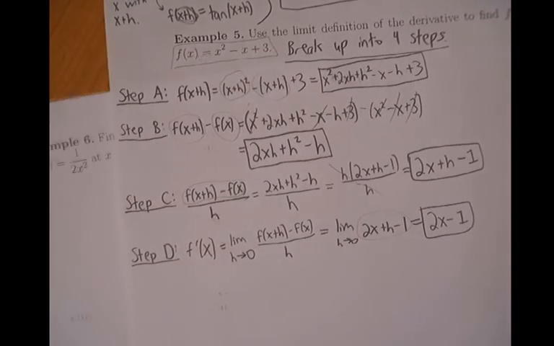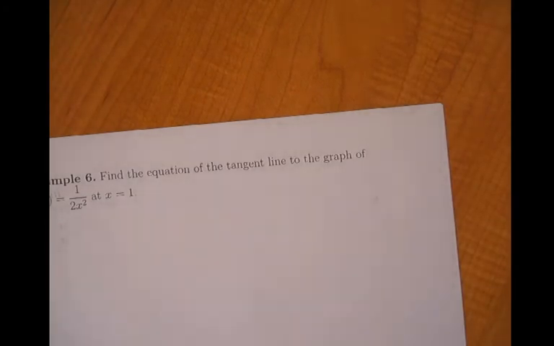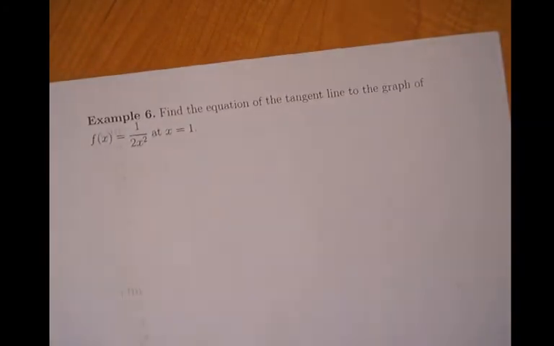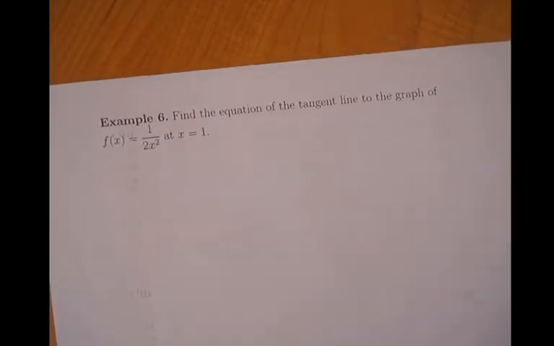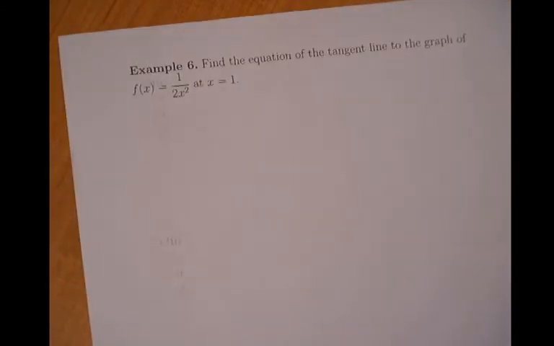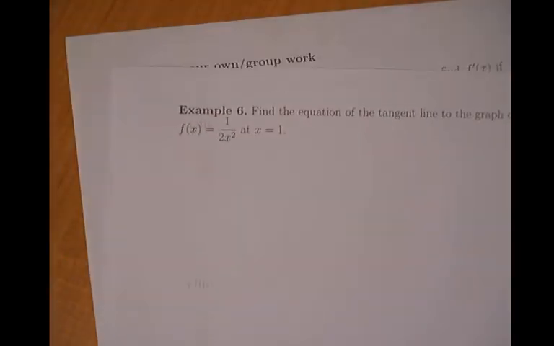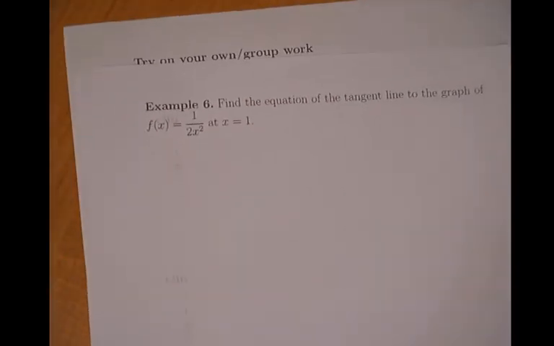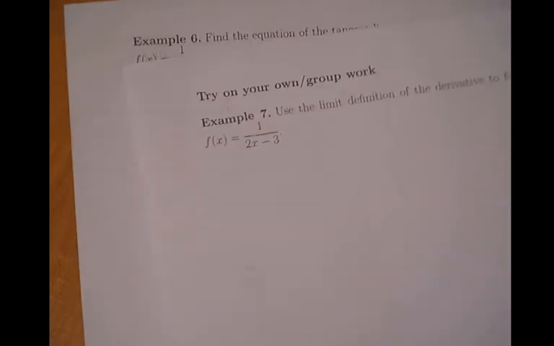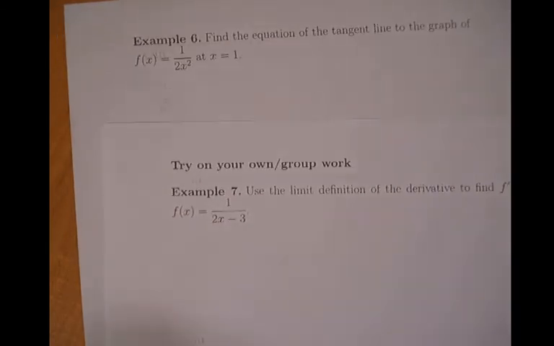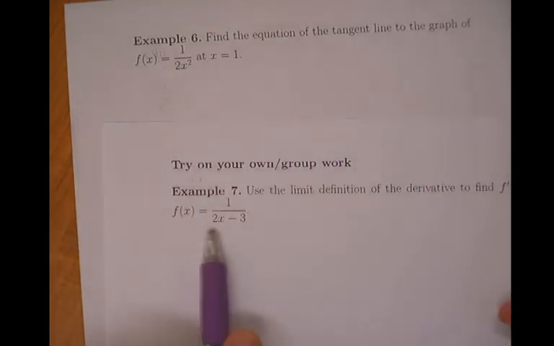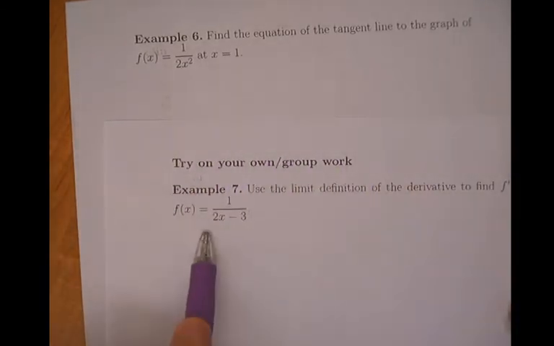Alright, so here's what I'm going to do with the next example. This example is going to be a bit long, so if you have a blank side of paper you can use, you can continue example 6 on the back of said paper. Or alternatively, if you have double-sided, which is okay, we're not really going to focus on this example during class. You can try this on your own outside of class, and check the notes after class.